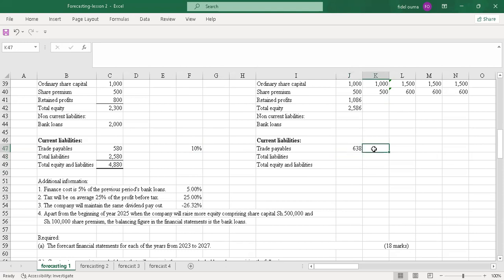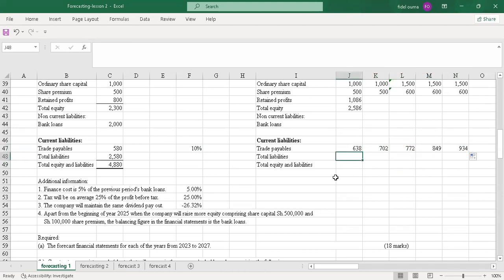So I'll go to the second year and I'll pick this. I multiply by bracket 1 plus the growth rate, which I'll also lock. So lock it, then I shift and enter. Yeah, so once I'm there, I'll just drag all through. Yeah, so I'll have the values there.